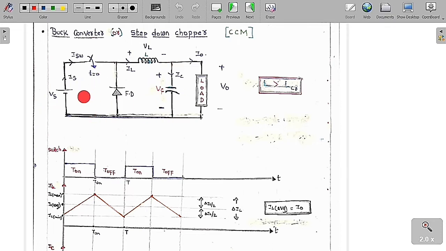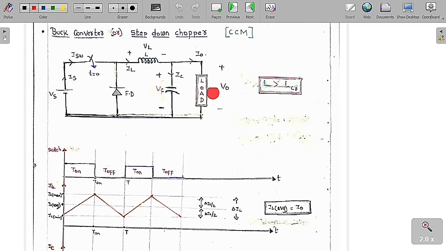This is the supply voltage. The easy way to remember is, here there is a chopper, then S D L: the diode is placed like upper, therefore SDL. This is the load. Across the load we always connect a capacitor, because I don't want a large amount of variation in the output voltage.